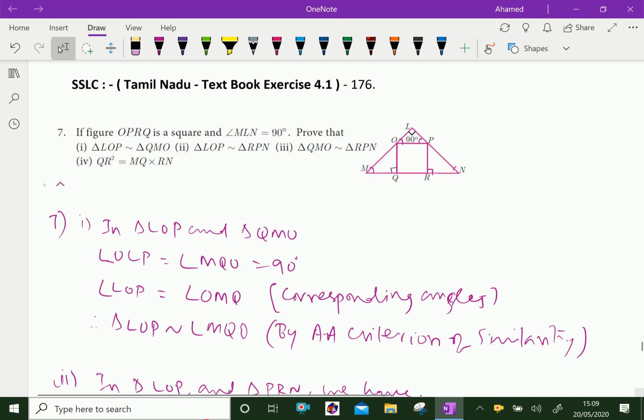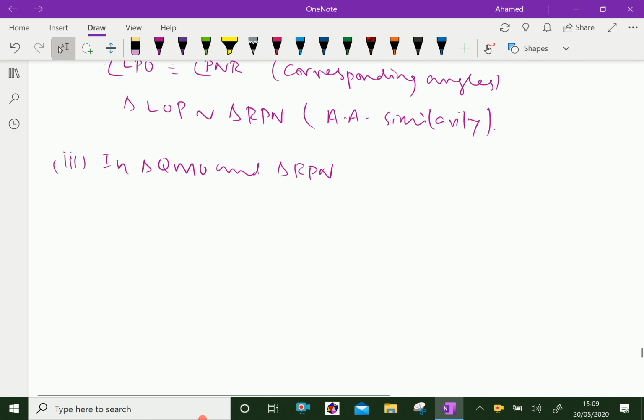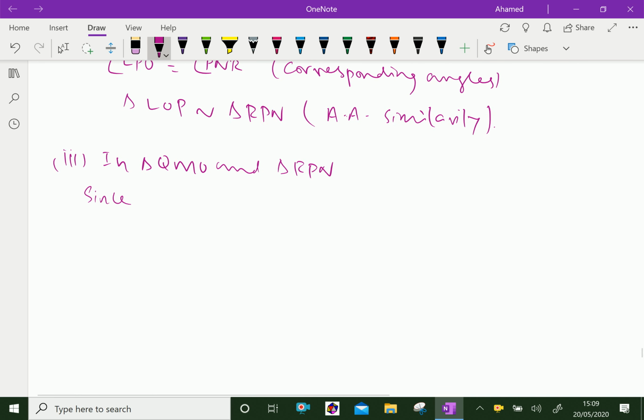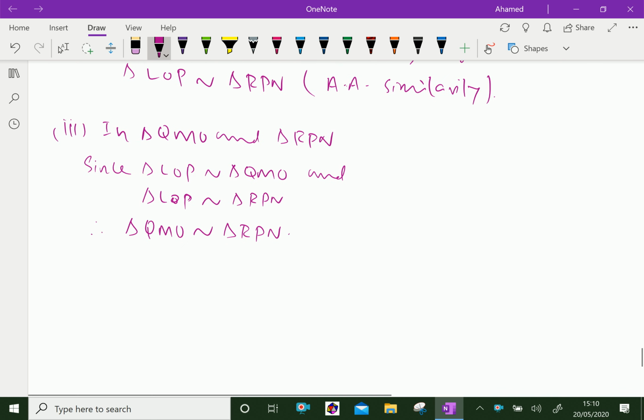That means you can write, since triangle LOP is similar to triangle QMO and triangle LOP is similar to triangle RPN, therefore we can say triangle QMO is similar to triangle RPN.